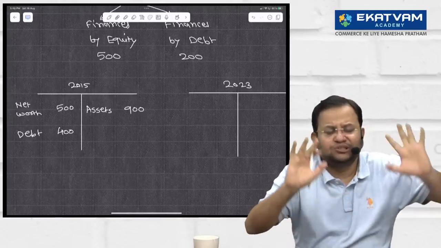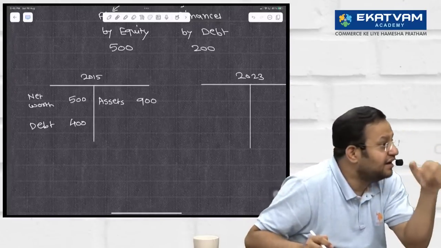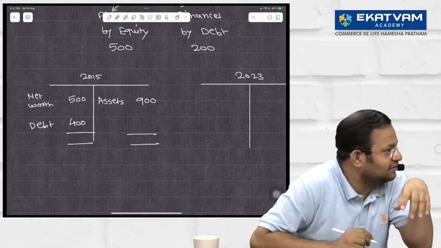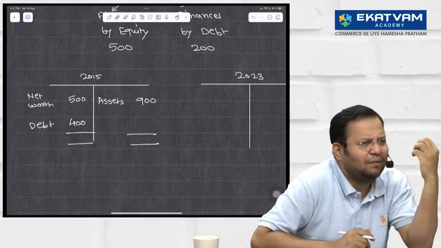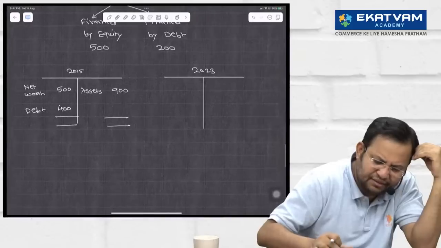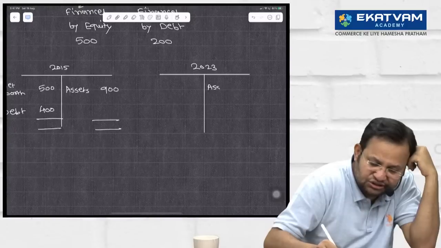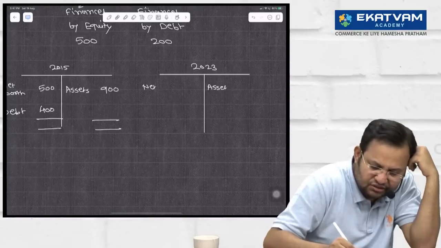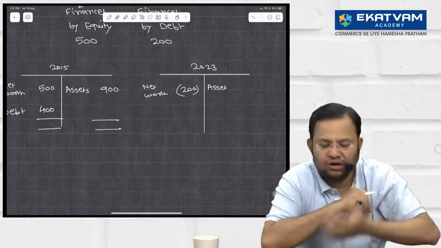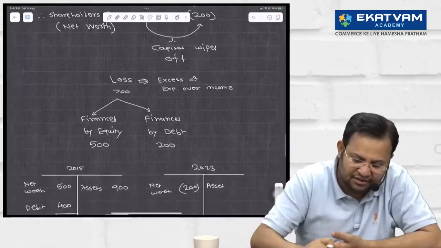So let's assume you started a business by taking equity of 500 and debt of 400. You started your business like that. But over the years, you ran the business so badly, there were so many losses that your net worth got wiped out. Net worth has become negative 200. Understood? Net worth was negative 200, right?